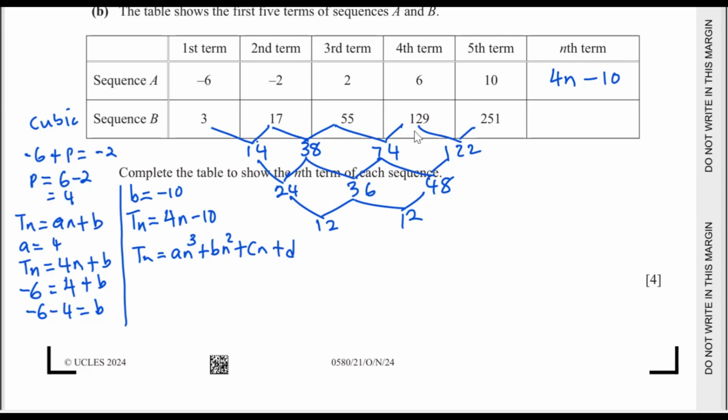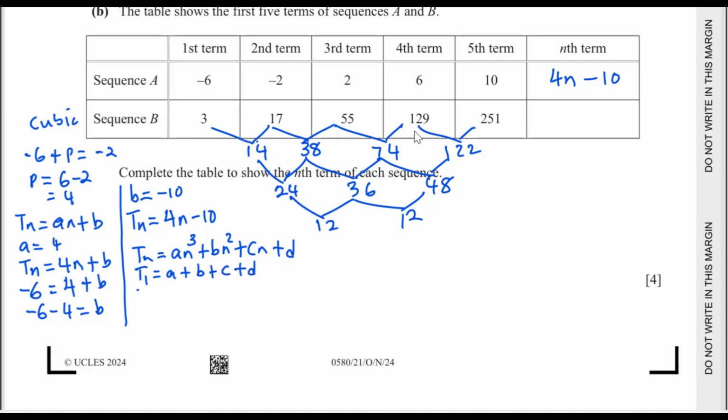Here we would like to find out what T1 will give to us. That is, when n is 1, we're going to have a plus b plus c plus d.